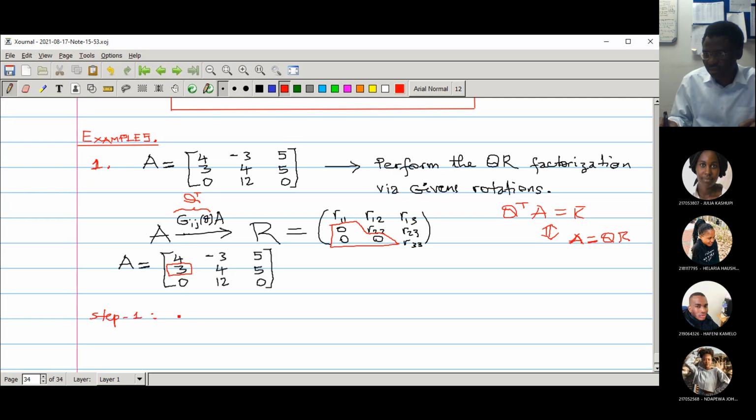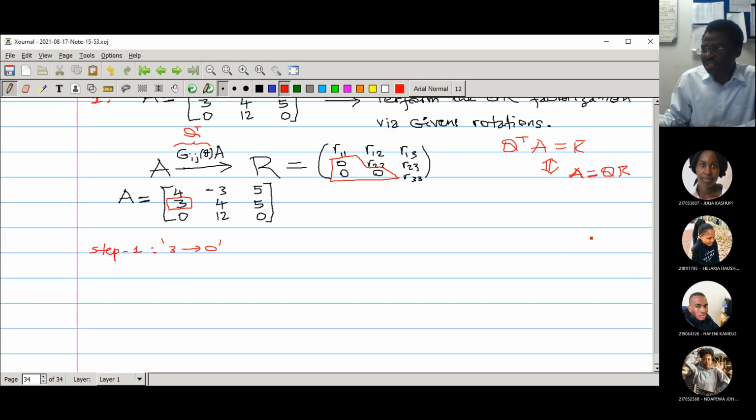At the first step, we create this first zero. This 3 should be 0, that entry. And remember that in the notes, we used a two-dimensional matrix, a 2 by 2 matrix.